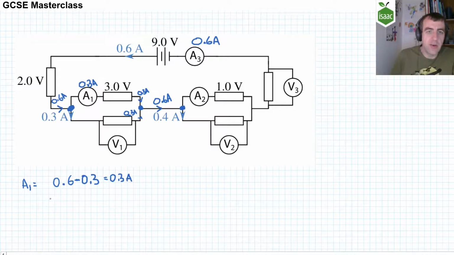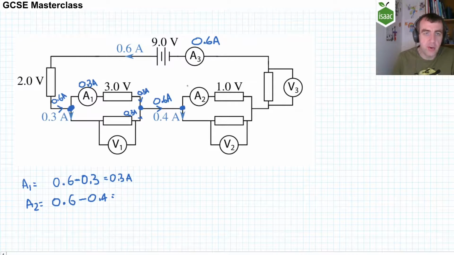And we have 0.6 amperes going in, and we lose 0.4 amperes along the bottom route. So what goes through the top route? 0.2 amperes. And that's all of the currents calculated.